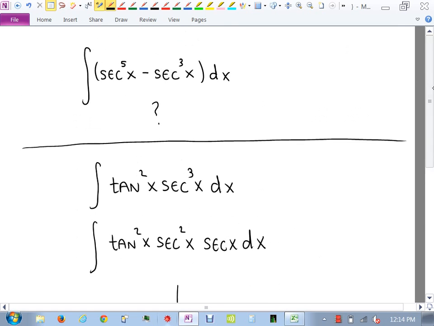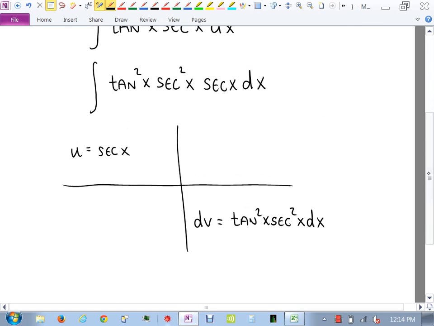Isn't that the problem we just did? That's the derivative of tangent x is secant squared. This problem we just did. Look, this is a basic substitution problem, isn't it? What's u here? What's u there? Tangent x.